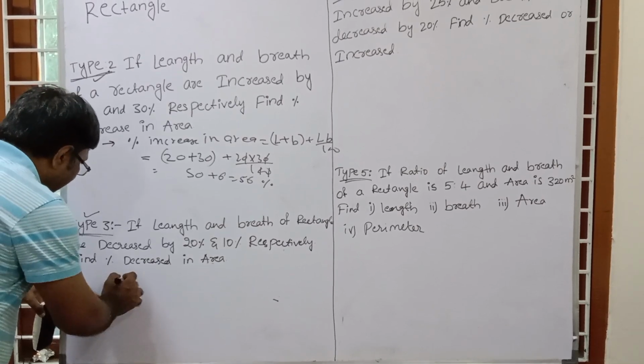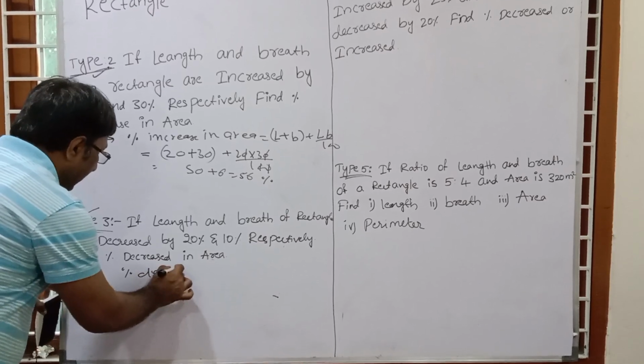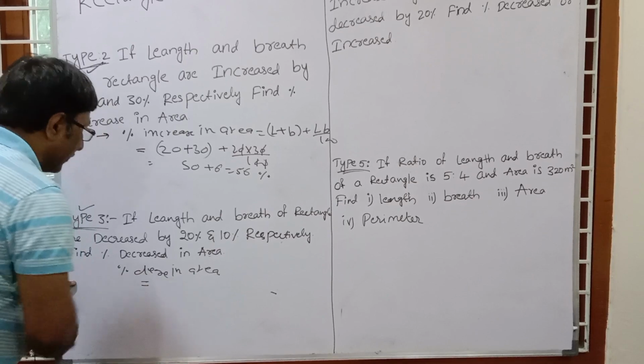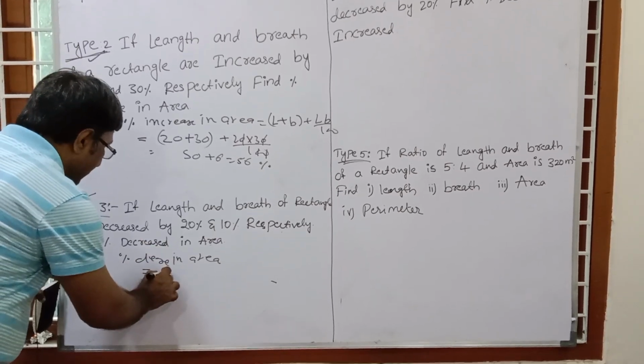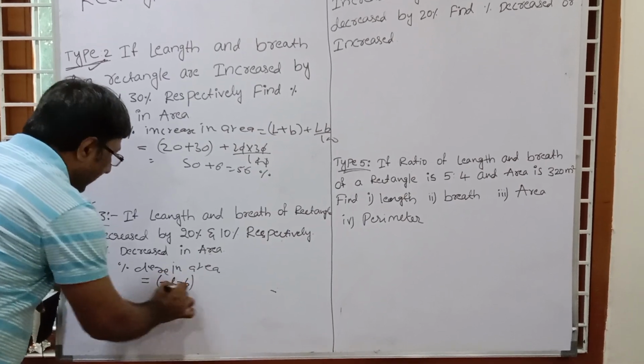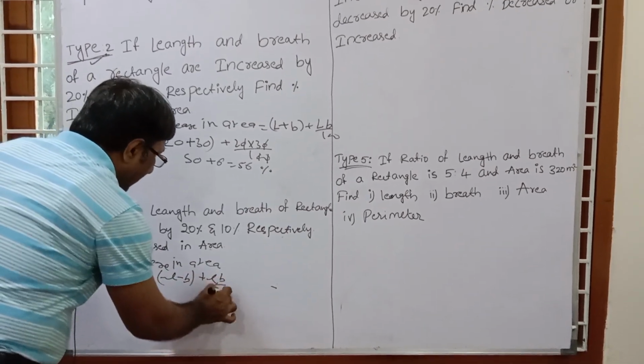What is the trick? Percentage decrease in area is minus L and minus B, and plus LB by 100.